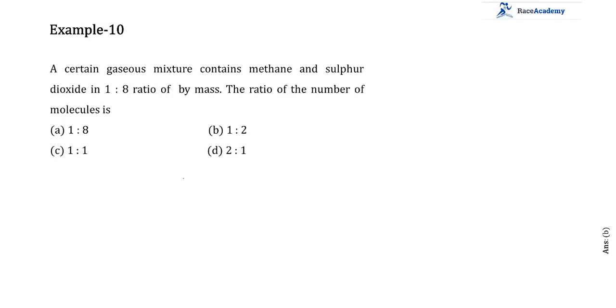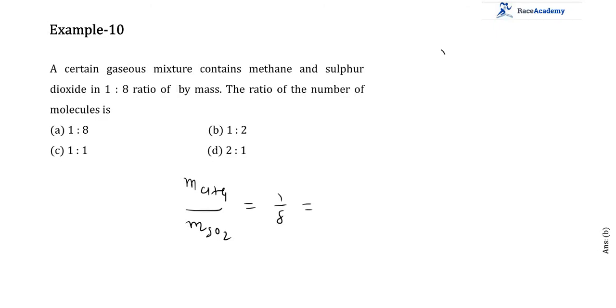A certain gas mixture contains methane and sulfur dioxide in 1:8 ratio by mass. That means mass of methane by mass of sulfur dioxide is 1:8.